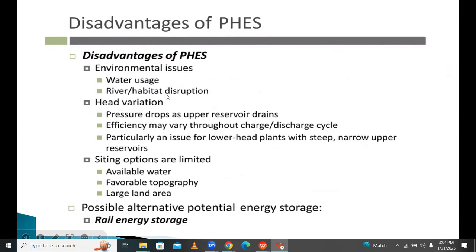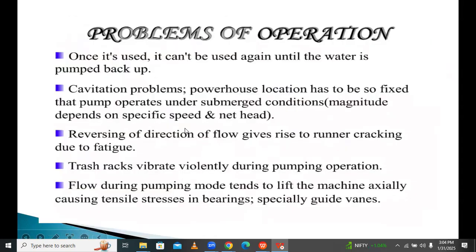Siting options are limited: availability of water, favorable topography, and large land area. These are some drawbacks and disadvantages of pumped hydro storage systems.